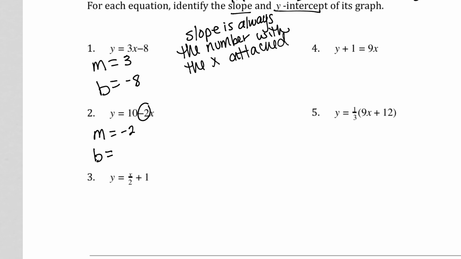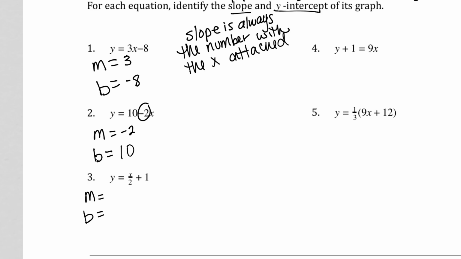Okay, so what is my y-intercept? 10. All right, number 3. The fraction is what? m. So what fraction am I going to put there? x over 2.